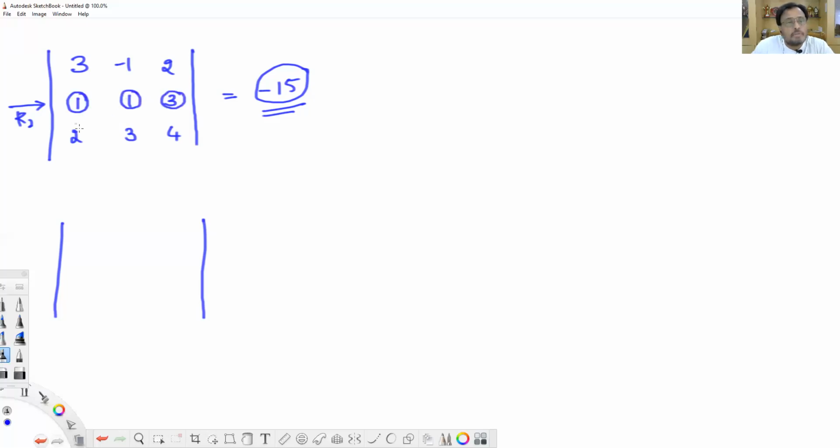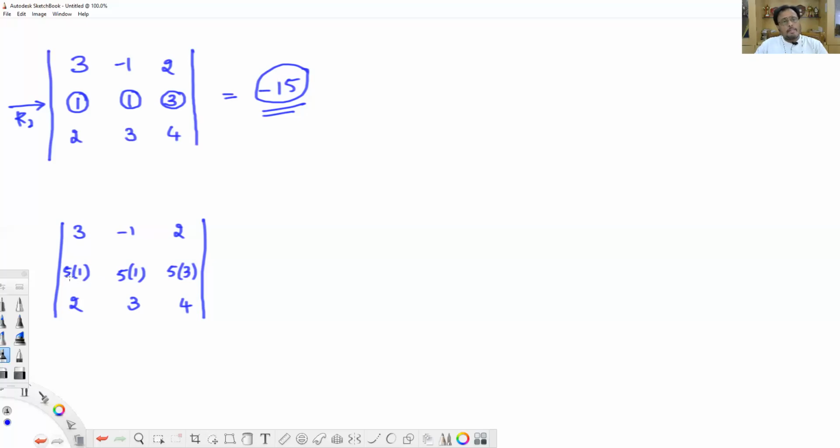For example, I'm going to multiply by 5. So the rows are 3, minus 1, 2; then 5 times 1, 5 times 1, and 5 times 3; then 2, 3, 4. Please try to understand.